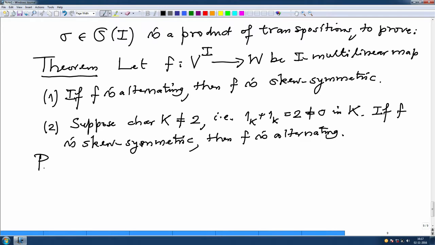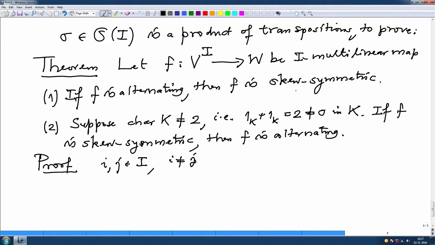Proof. We want to show that f is skew symmetric. So, let us take two elements i and j in the set I, such that i is not equal to j. And let us compute.